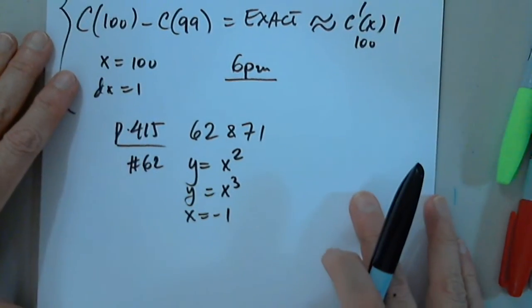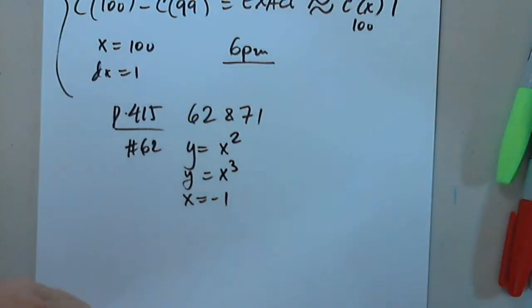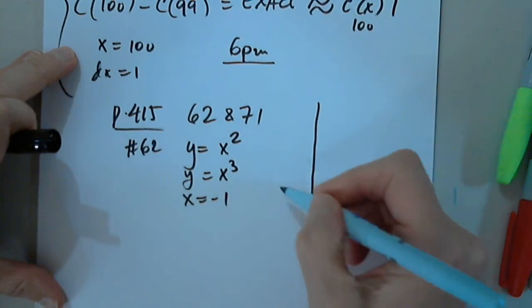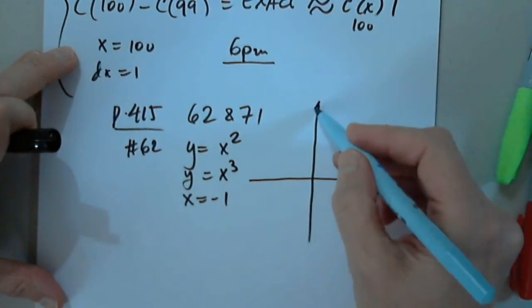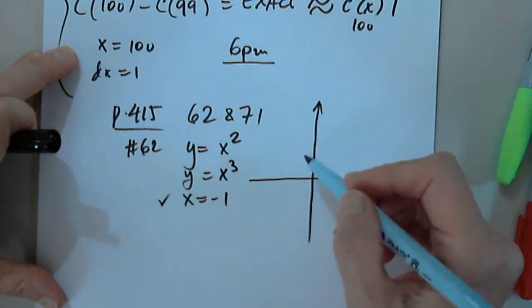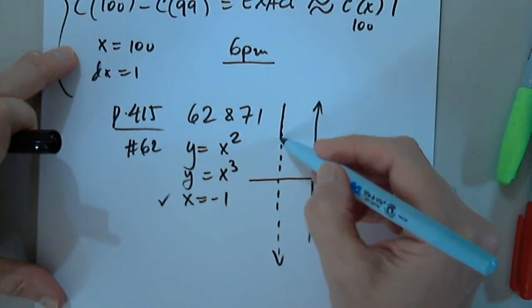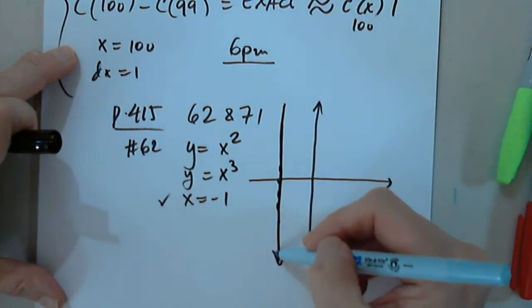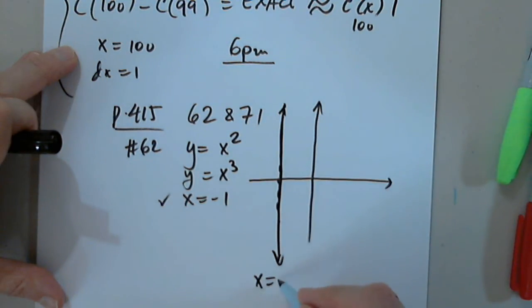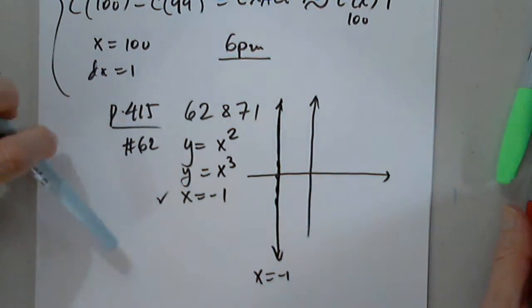Okay, good. So first of all, we have to graph. Without the graph, we don't know what, where, how. So this is the easiest one to graph. Okay, and now let's see.